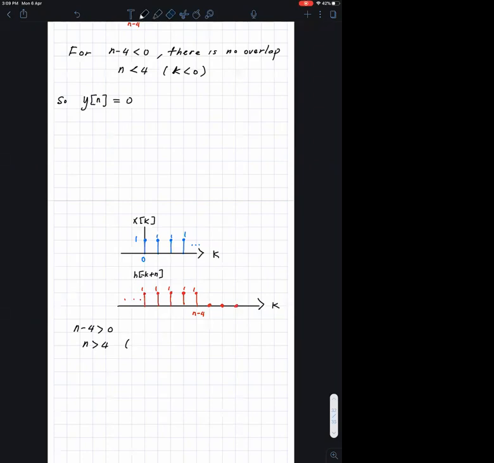K has the lowest value 0, and this one is going up to infinity, but less than infinity.